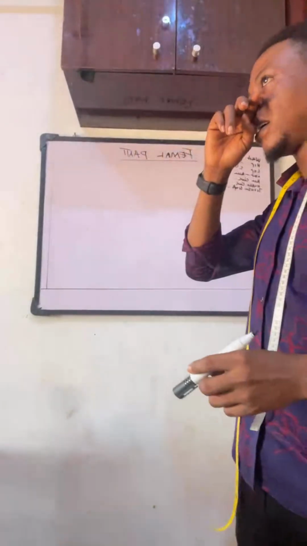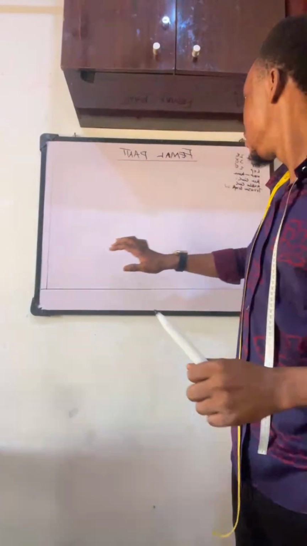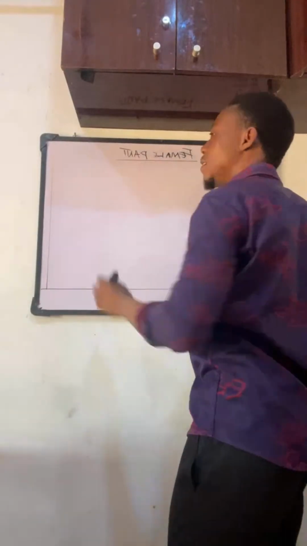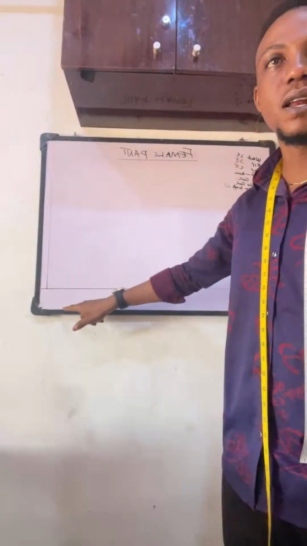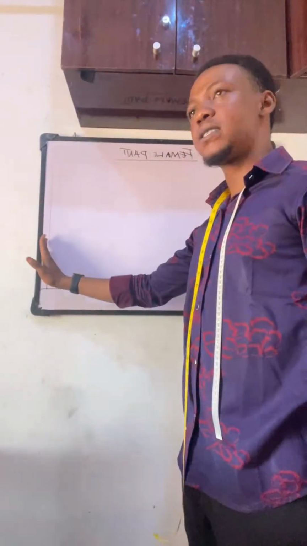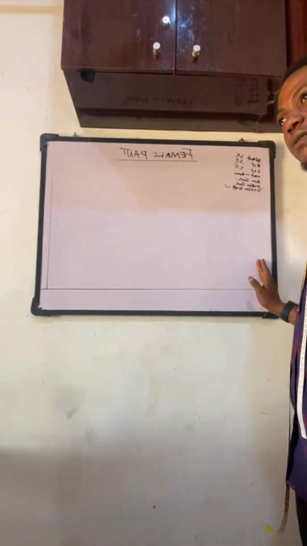Okay. So this one is our... So this one like this now. I always say this is the green line, the origin line. Then this part is the starting point. You always get your starting point, then you get your trouser length.